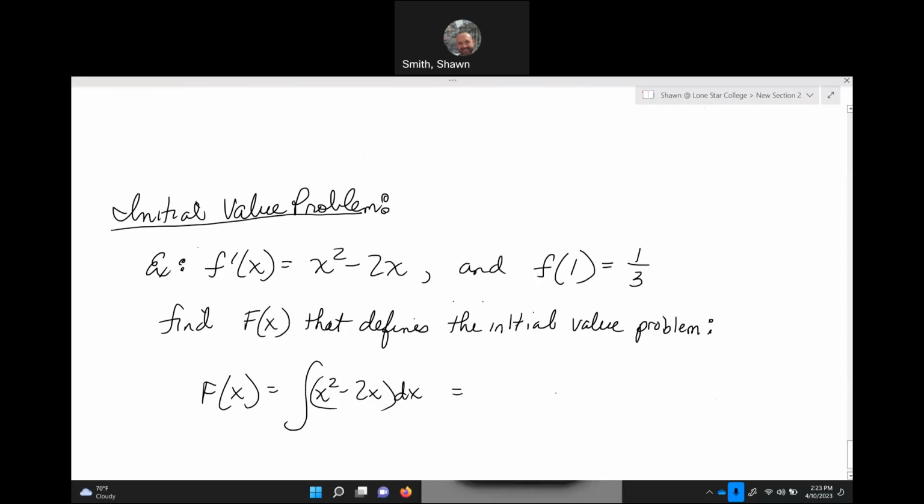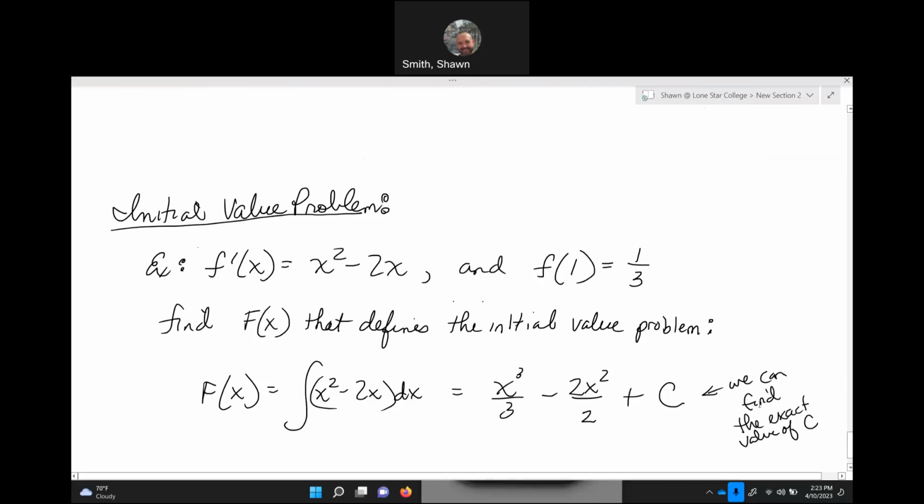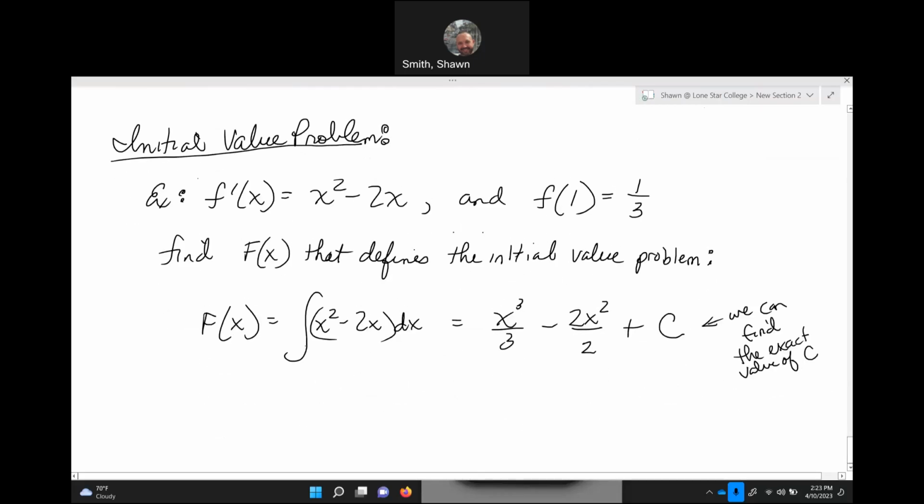Which we know is x cubed over 3 minus 2x squared over 2 plus some constant C. We can find the exact value of C. Because F of 1 is equal to 1/3, so this is our F of x. I should put cap F of 1, right? Let's do that. This is the cap F.